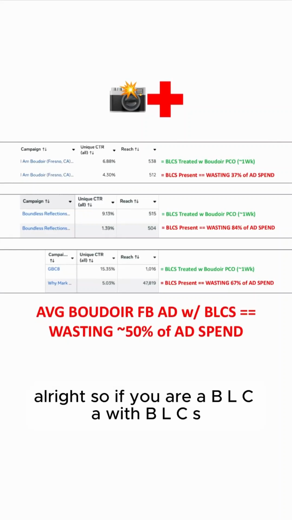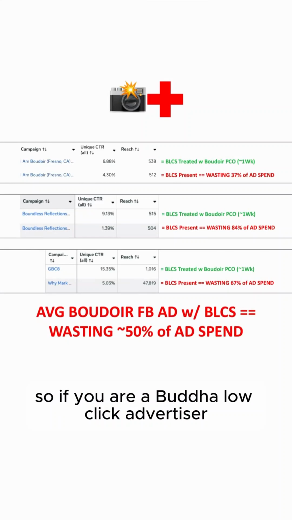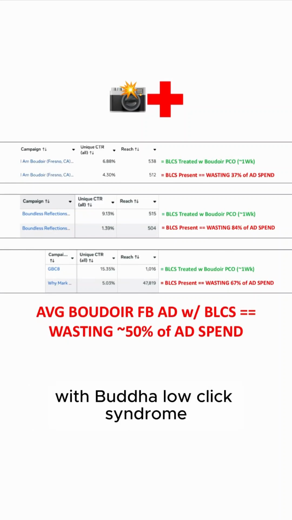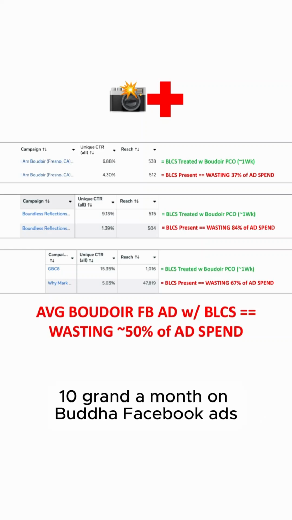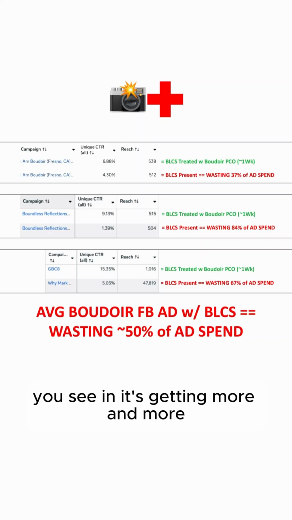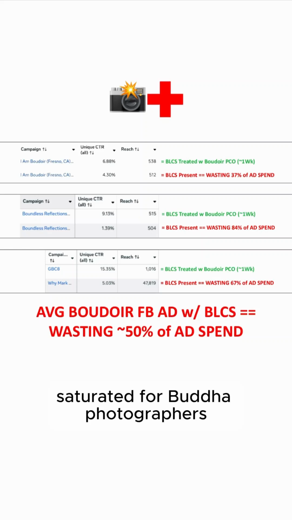All right, so if you are a BLCA with BLCS, so if you are a Boudoir low click advertiser with Boudoir low click syndrome, and you're spending more than 10 grand a month on Boudoir Facebook ads, and you look at the marketplace and see it's getting more and more saturated for boudoir photographers.